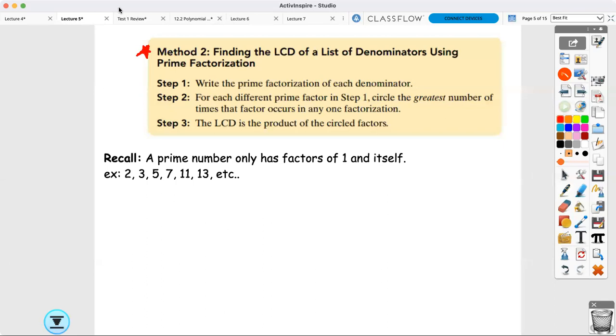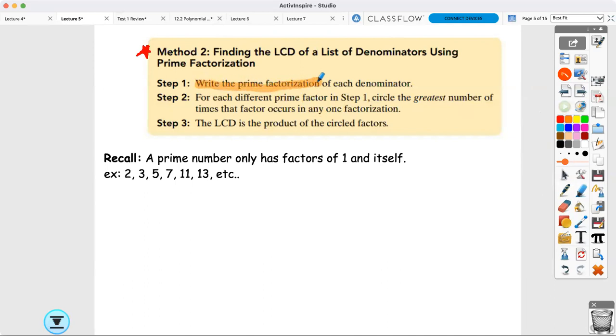All right, guys, that was the timer. So method 2, finding the LCD of a list of denominators using prime factorization. Step 1, write the prime factorization of each denominator.